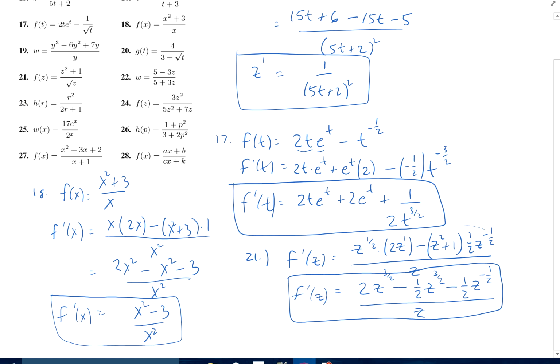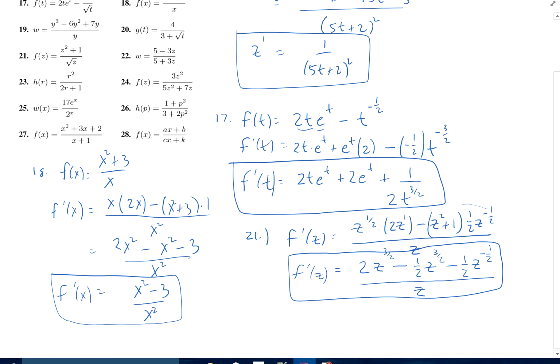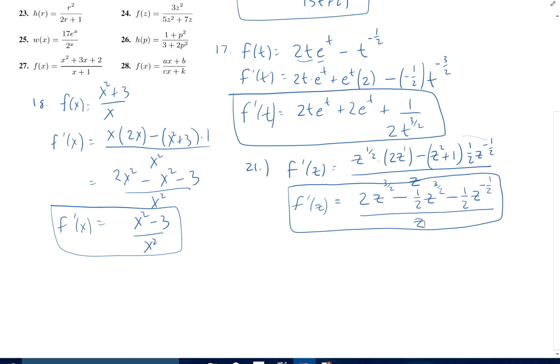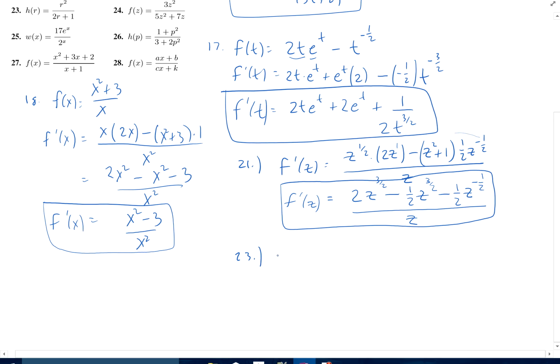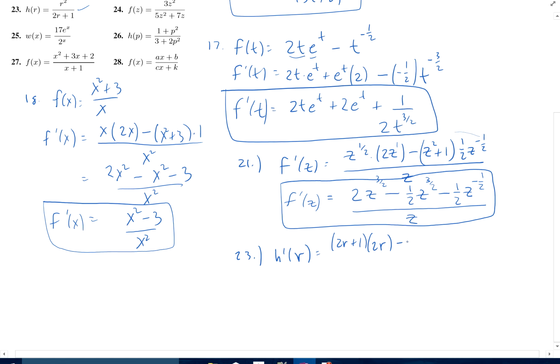Okay. All right, 21. We're on what? 23. 23 is another quotient rule. H prime of r, I'm looking up here, is the bottom times the derivative of the top minus the top times the derivative of the bottom all over the bottom squared.